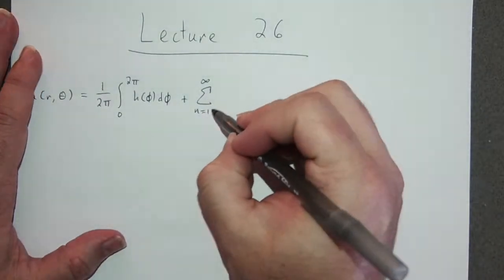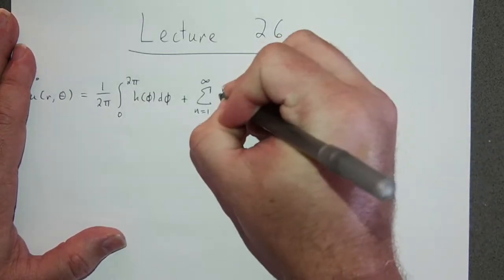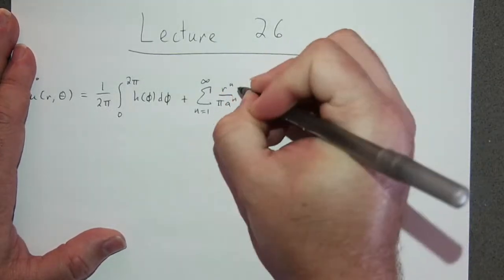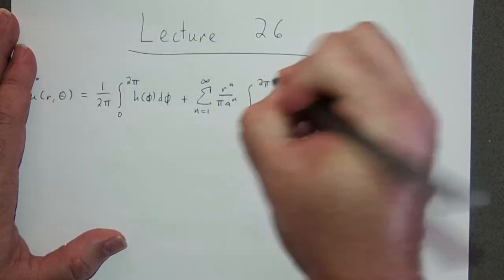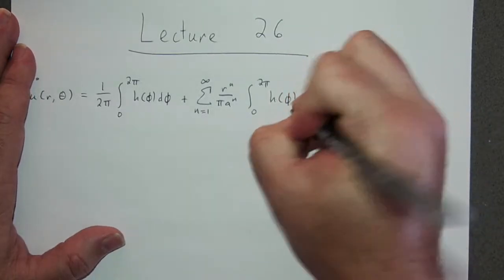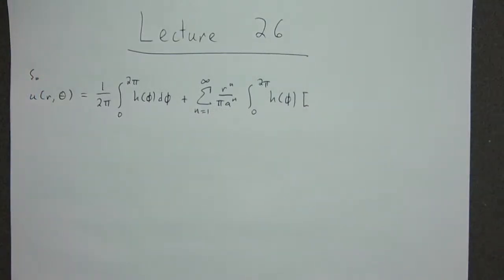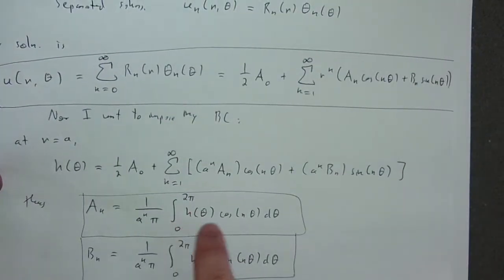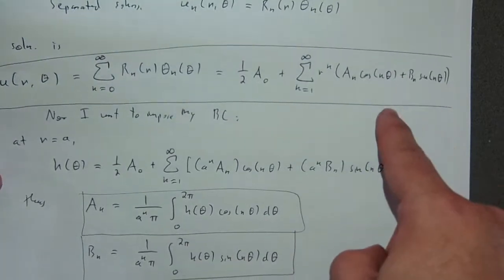This would be the sum from n equals 1 to infinity of r to the n over pi a to the n times the integral from 0 to 2 pi of h of phi times what? Well, here, this integral is with respect to phi, right, since we're going to be combining it with these theta terms.